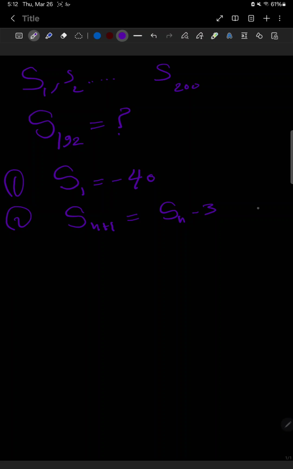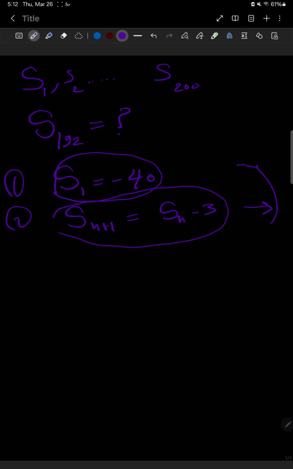Can I know by this alone what is term 192? No, I can't. Can I know what is term 192 by using those two statements? Think about it. Well, the answer is yes. Both together are sufficient, because if I know the value of the first term and the relationship between each term and its previous term, I could calculate it.